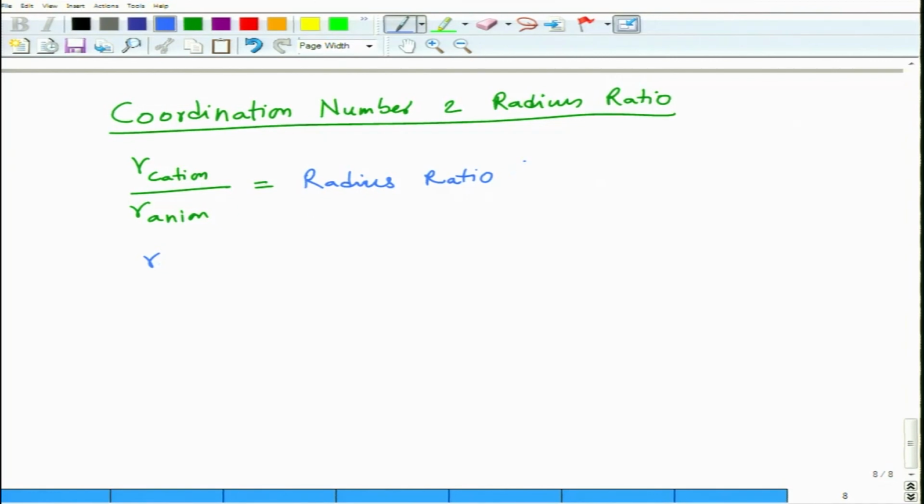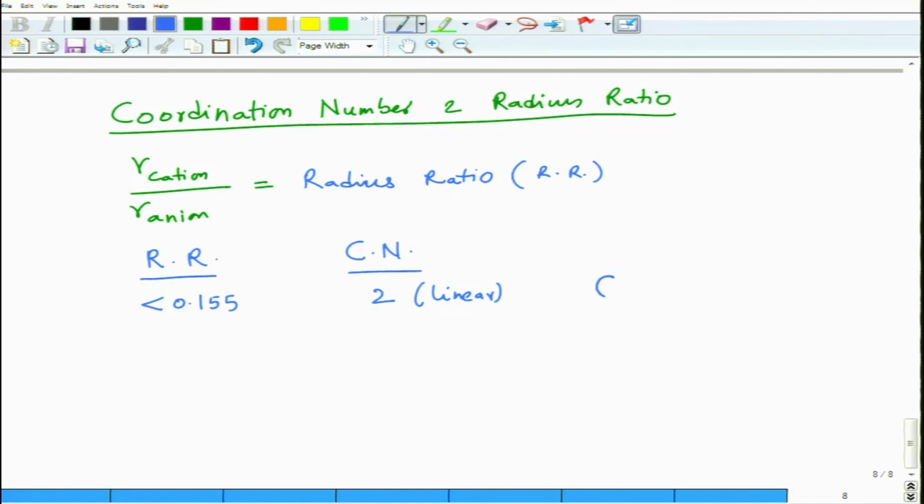So if I take, let's say, this as RR, when RR is less than 0.155, which means when the cation is very small as compared to anions, in that case the coordination number, which I can write as CN, that is preferred is 2. This is called linear coordination.